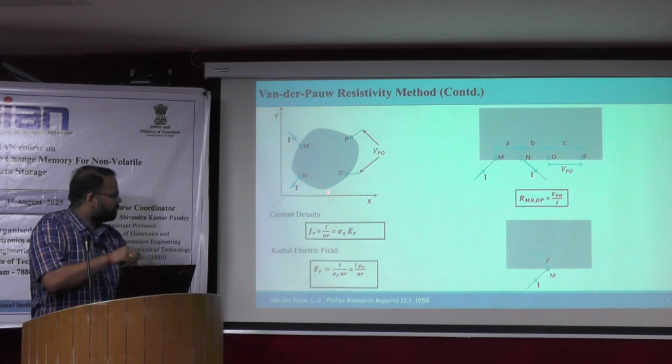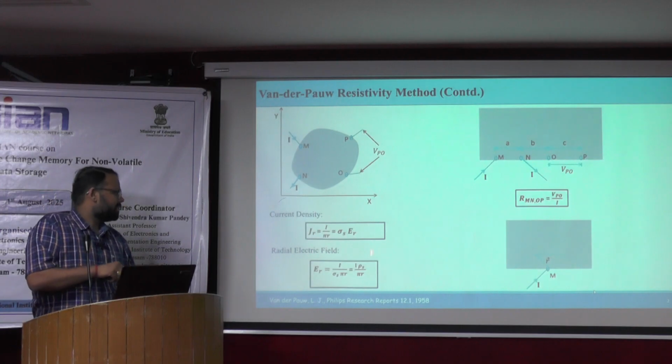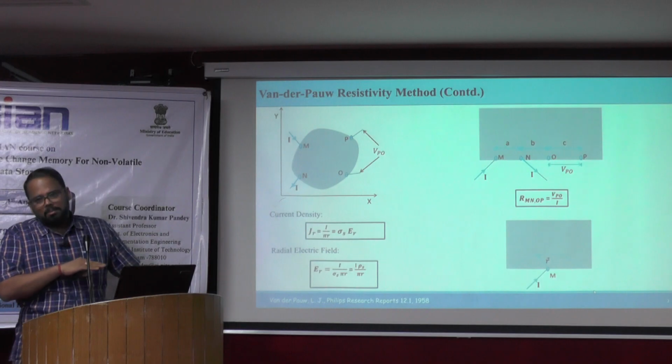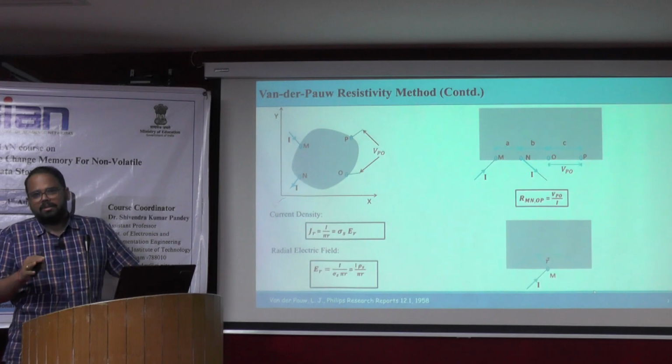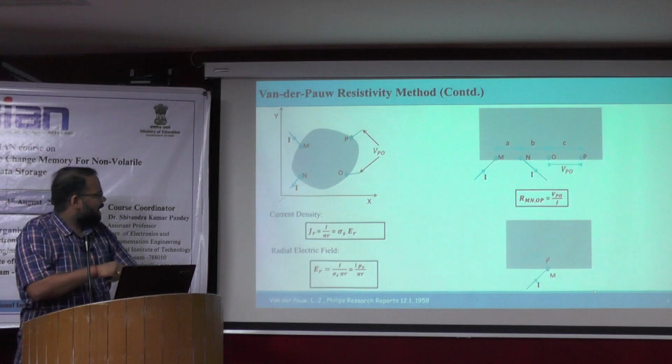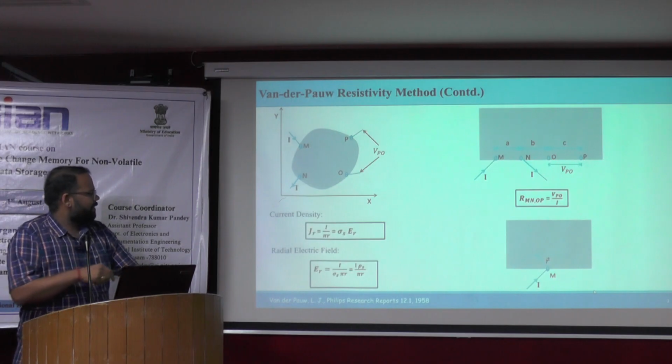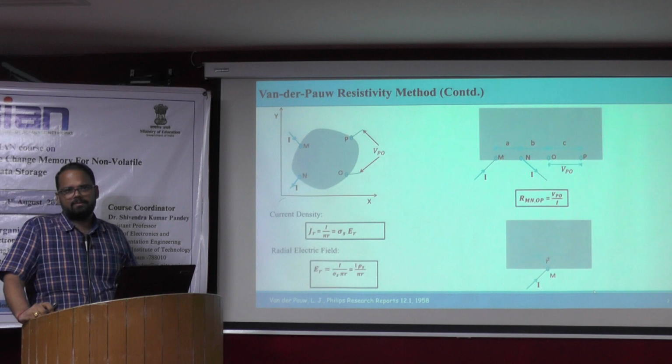After solving this equation, you can get a proper understanding about the resistivity, because ultimately it is the relation between current density and radial electric field, which is very, very important.